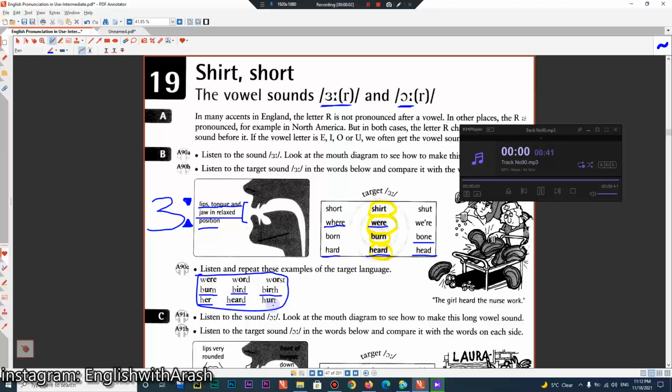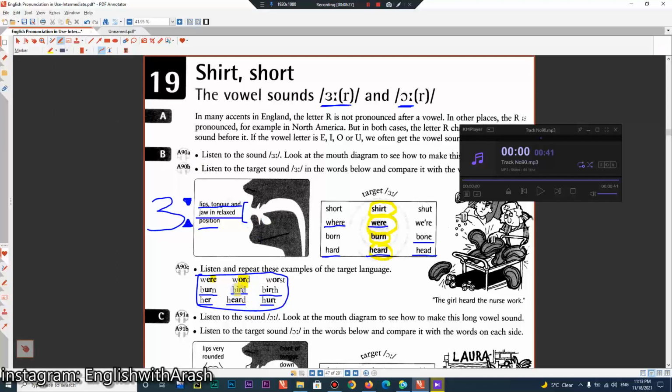So as you remember, at the beginning of the lesson it said usually we have R in these vowels. There is one R after that. So in all of these words, you can see that we have the R sound.